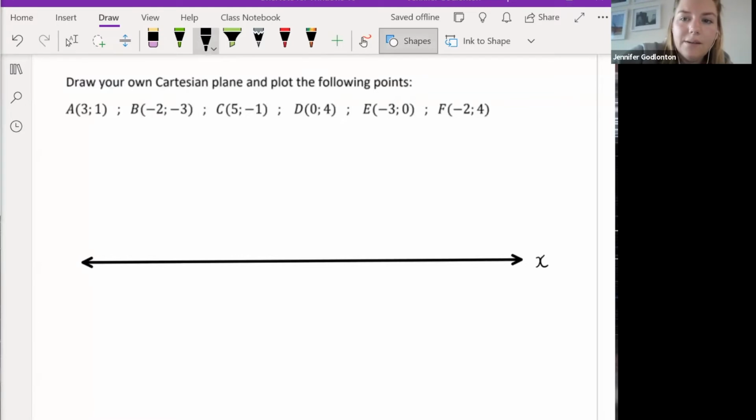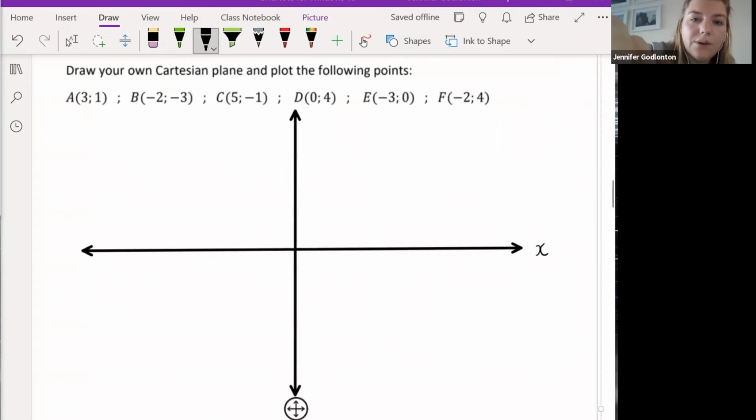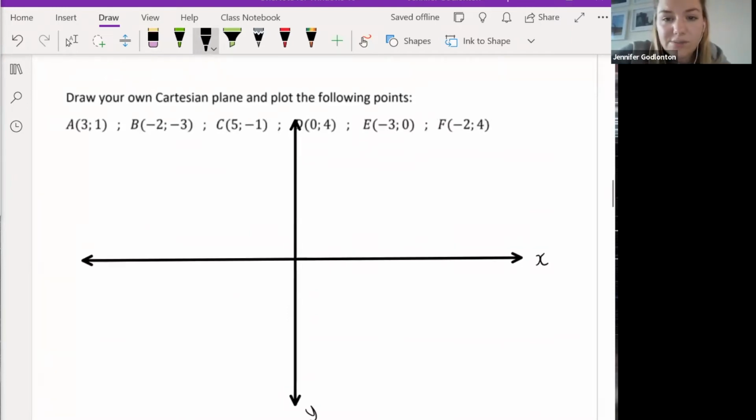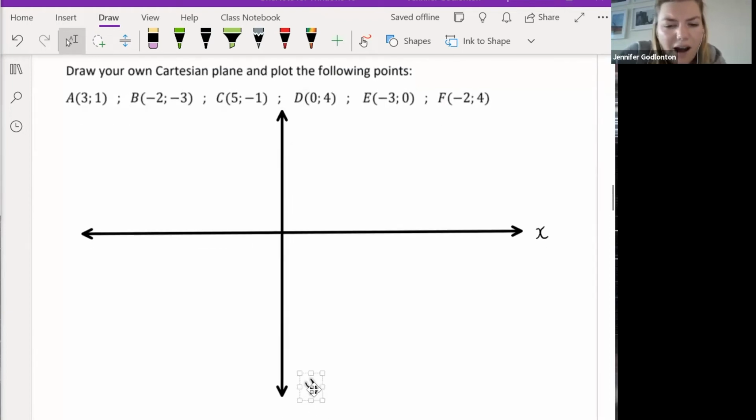And then we need to create a nice strong line in the middle, which we are going to call our y-axis. Okay, we have just drawn a Cartesian plane. That's as easy as it gets. So once you've got that, you've done your first Cartesian plane. Yeah, half a page will be great. That will be more than enough space.